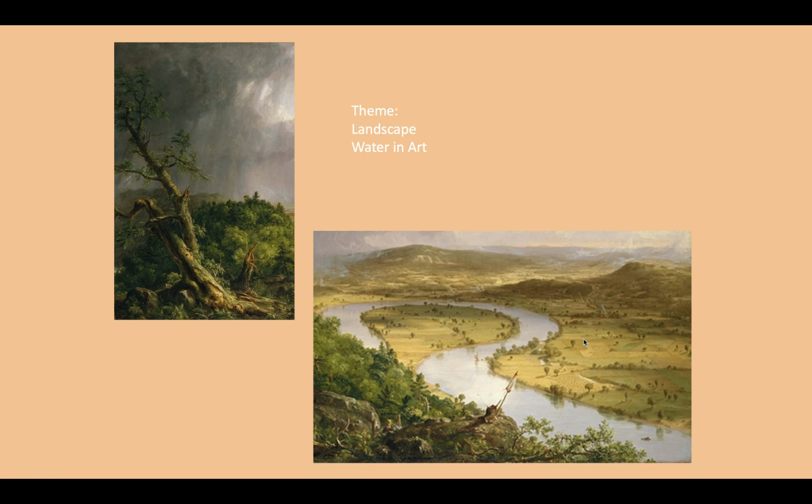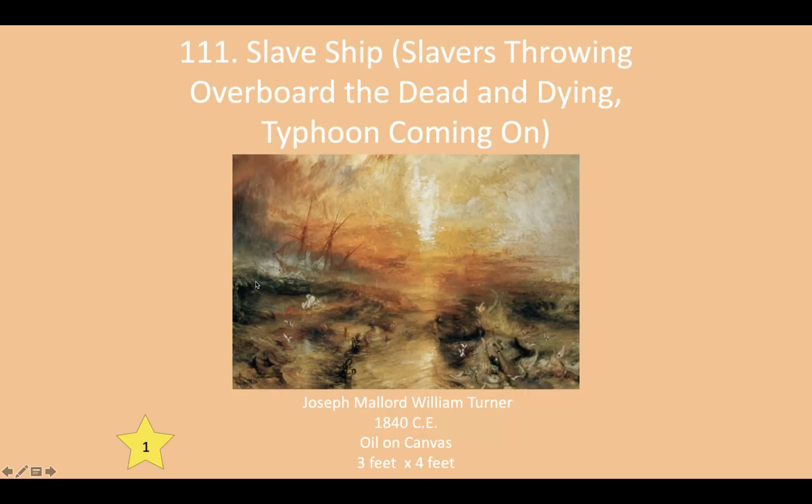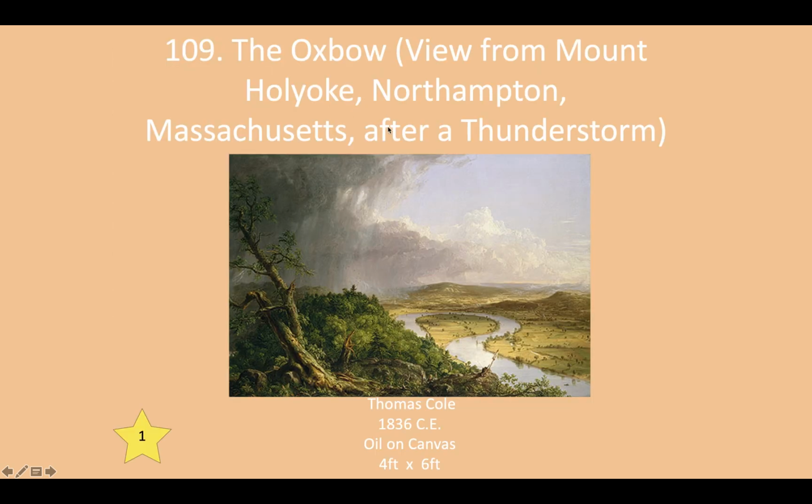But when we look at the left-hand side, I'm going to go back to the original. When we look at the left-hand side is where we get into our romantic stuff. We are looking at clouds and storms and danger and virginal landscape that hasn't been touched by man.